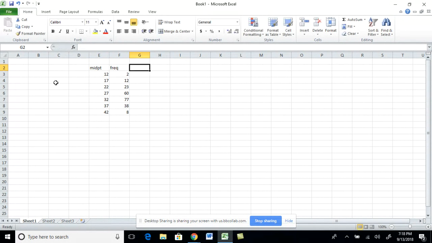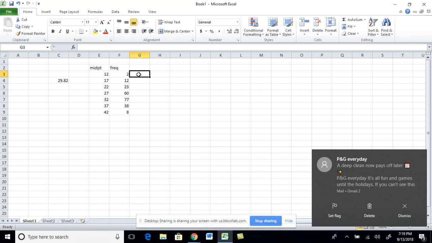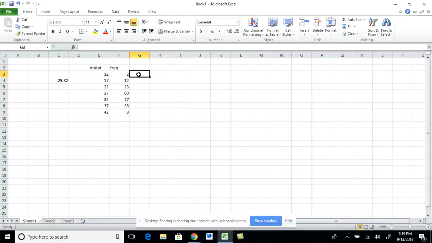Now, we found the mean to be 29.82. The next step is to do x minus the mean. In Excel, you could say equal midpoint. If you want to type a formula in, you can make up your own formulas by adding equal.